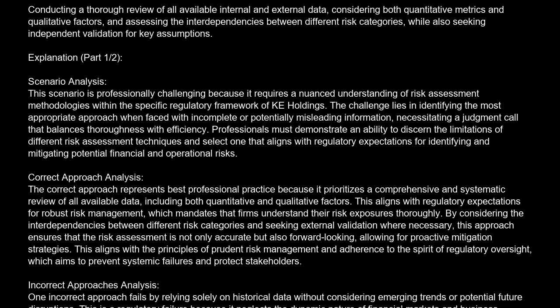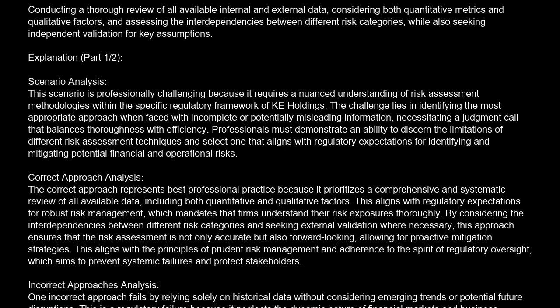Correct approach analysis. The correct approach represents best professional practice because it prioritizes a comprehensive and systematic review of all available data, including both quantitative and qualitative factors. This aligns with regulatory expectations for robust risk management, which mandates that firms understand their risk exposures thoroughly.